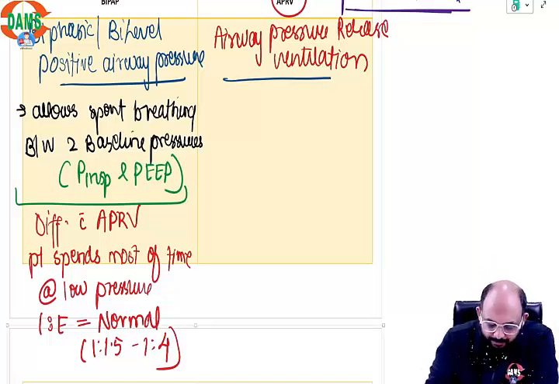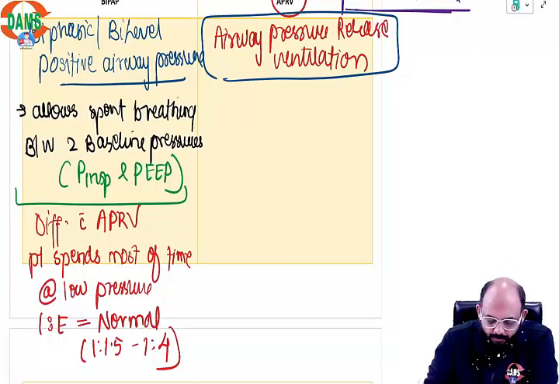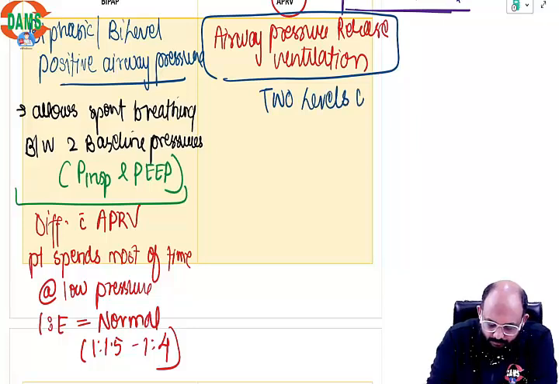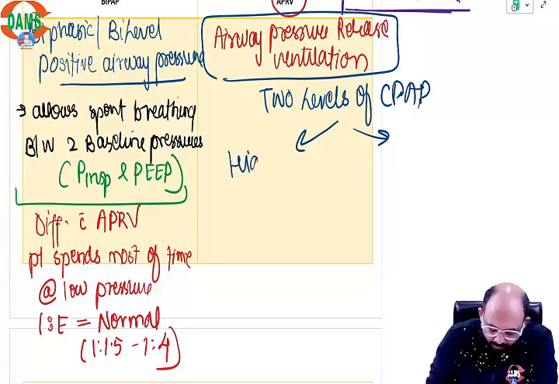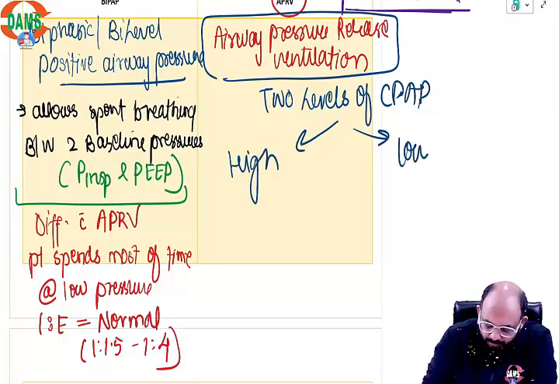But airway pressure release ventilation works at two levels of CPAP. One is high, one is low.